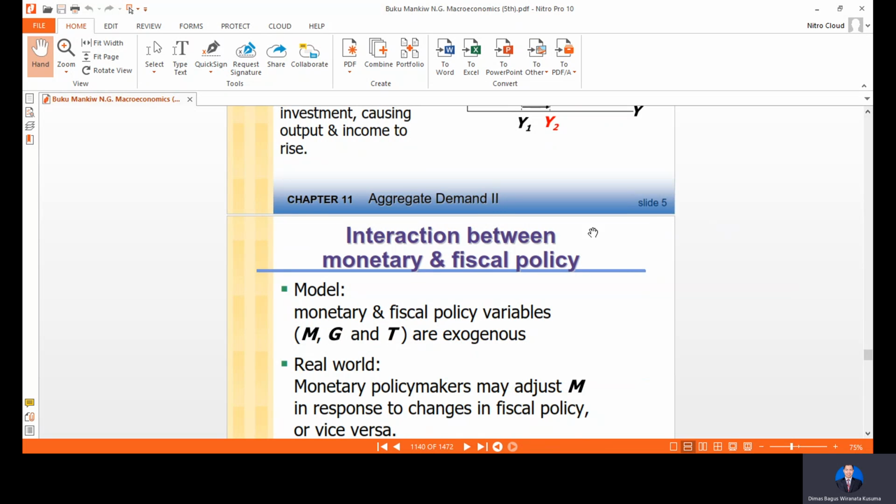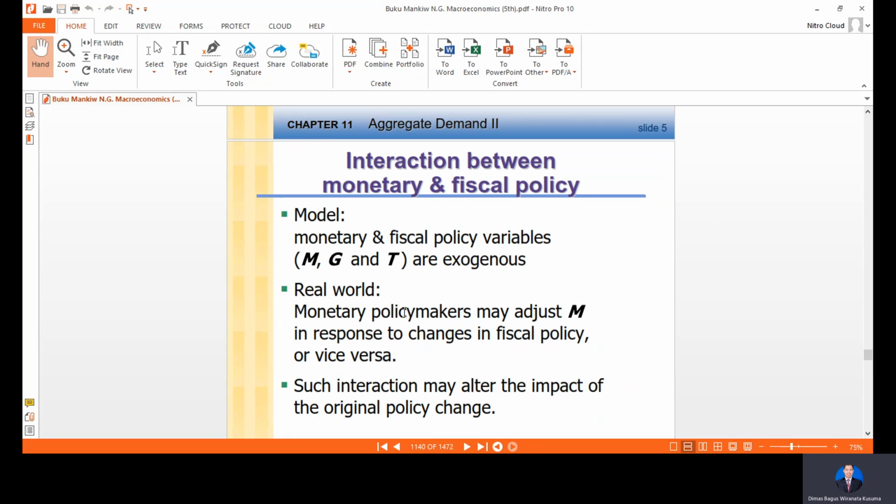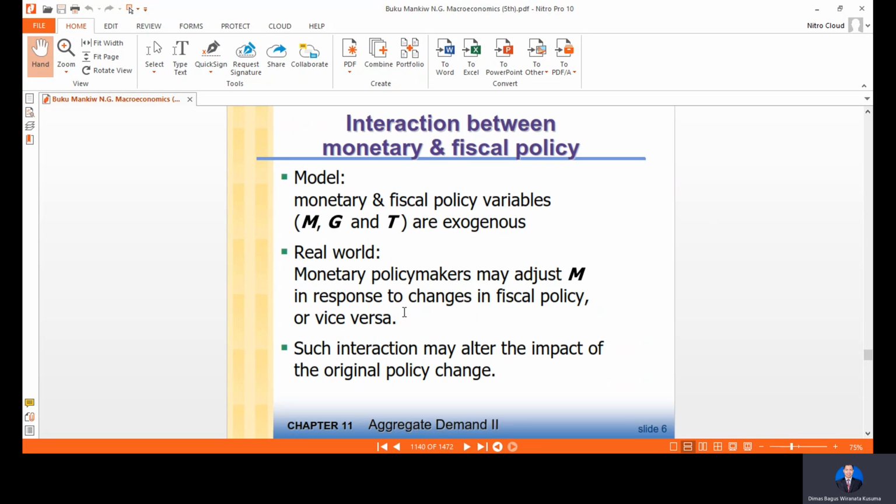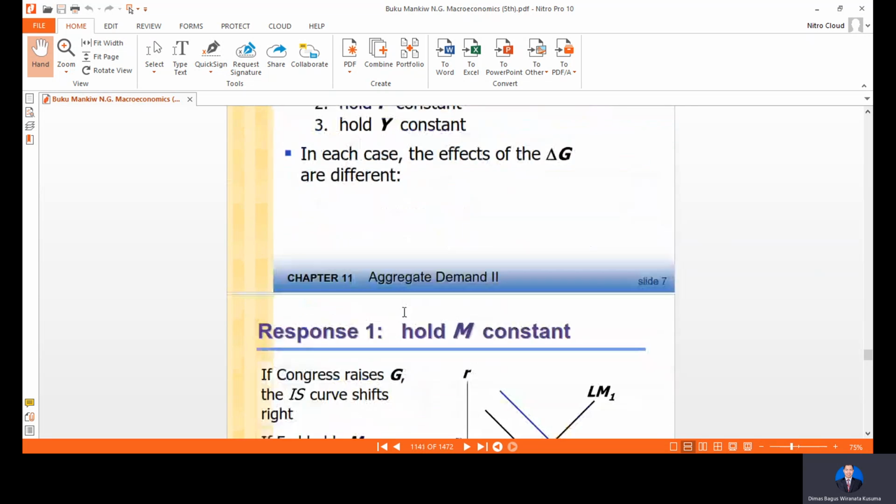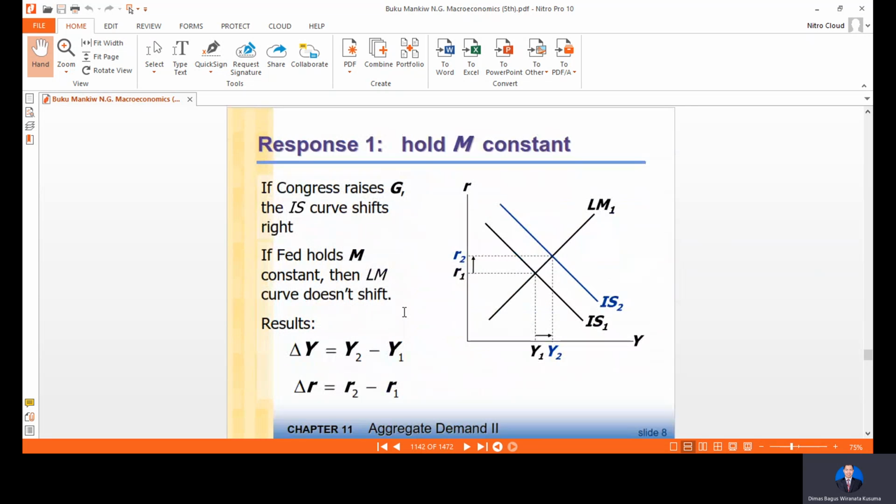And the interaction of monetary and fiscal policies means mixed policies. Mixed policy here tries to combine the fiscal and monetary policies in one condition.